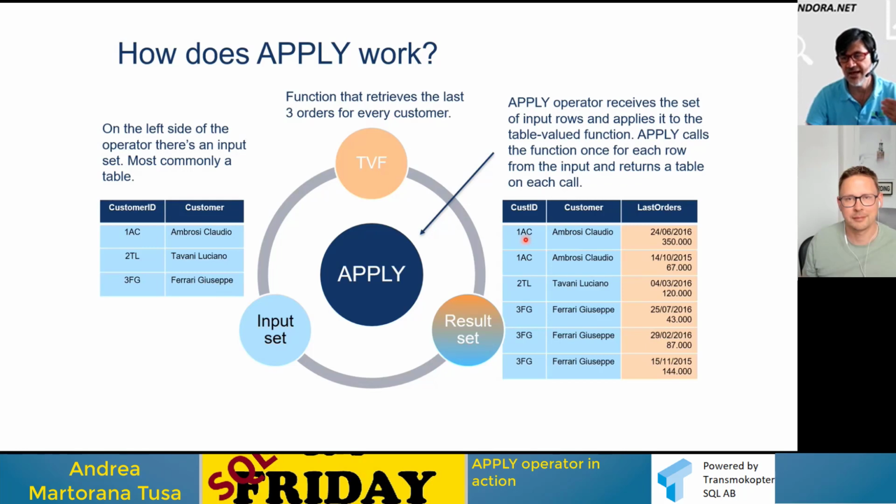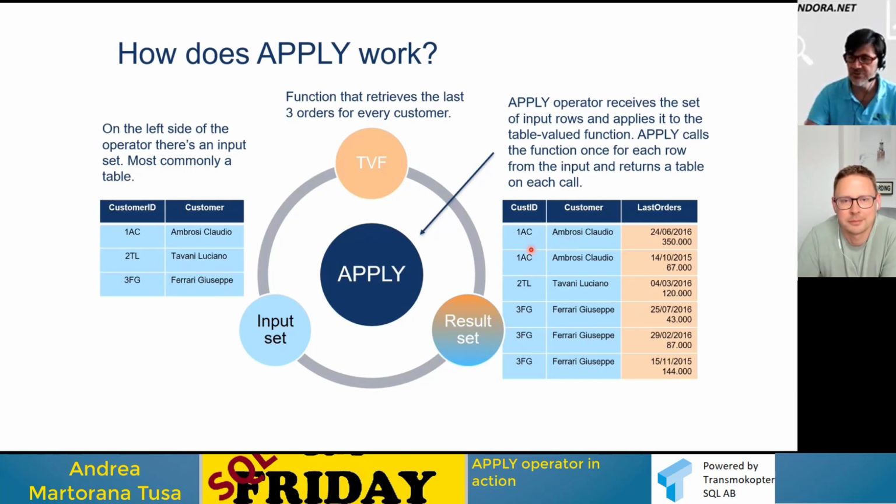Then the output is as many rows as we have a correspondence in the function. So I'm browsing through sales or order tables, whatever, and I have a top 3 in my function. You will see the example.